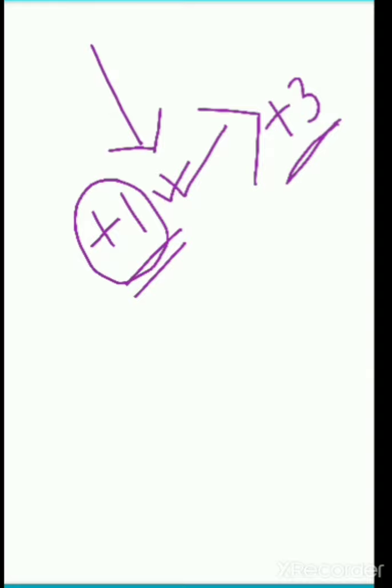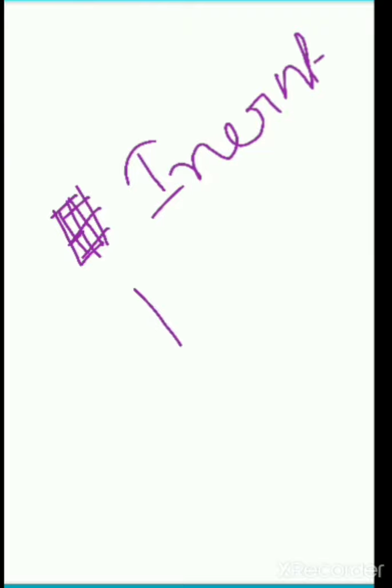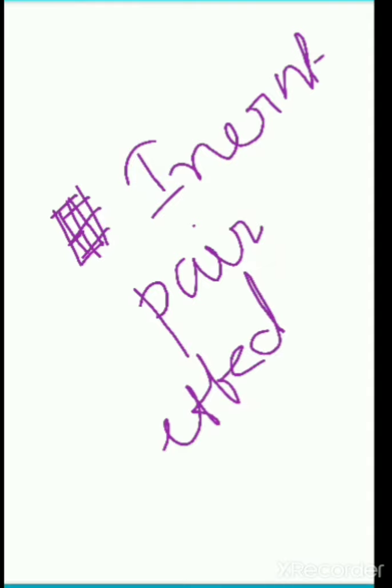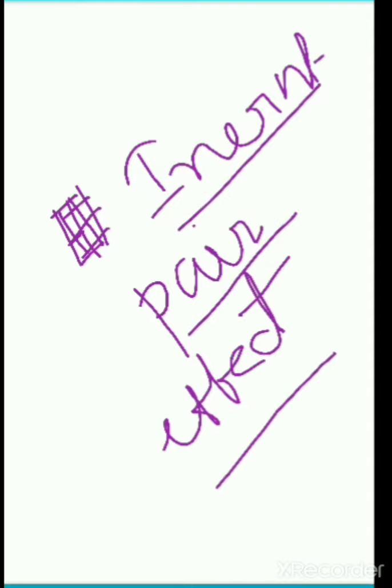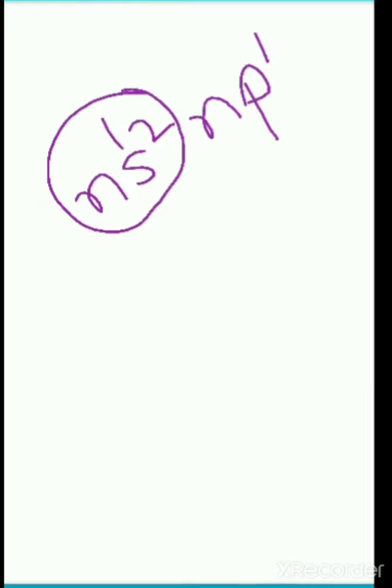Why? To know the cause, a new term is included, that is inert pair effect. Okay. Now let's see what happened. Here ns2 np1, right? These 2 electrons of ns2 remain inert.